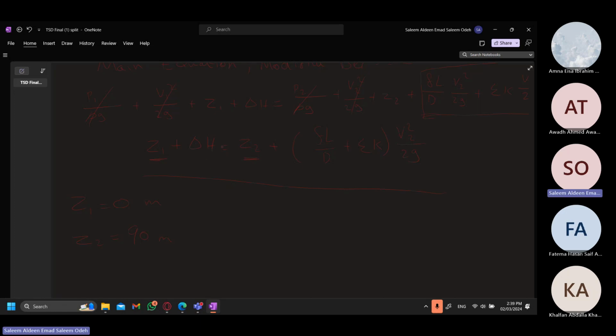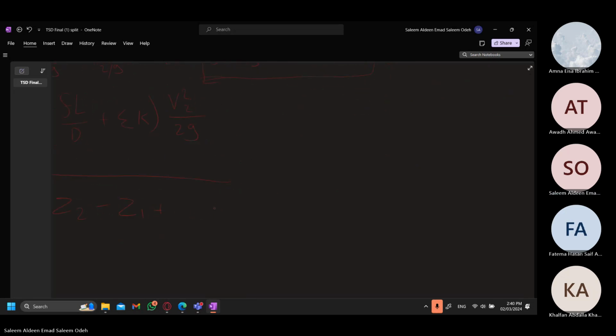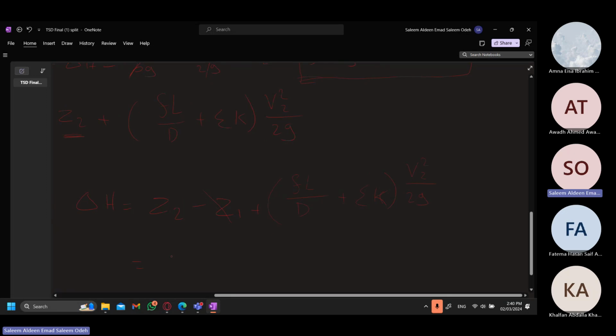So we will rearrange this equation to find delta H. So it will end up being delta H equals Z2 minus Z1 plus... and since we took Z1 as 0, we can cancel this out. And so we could put the values in.